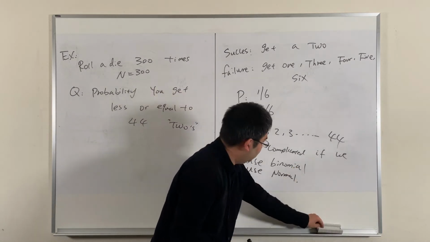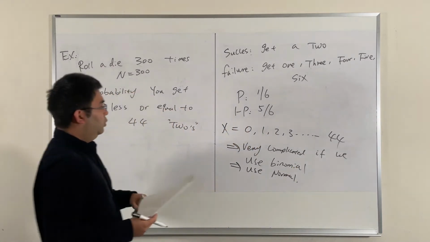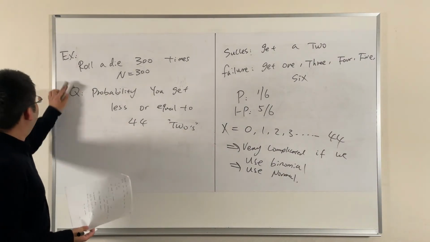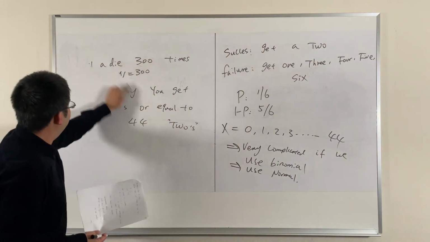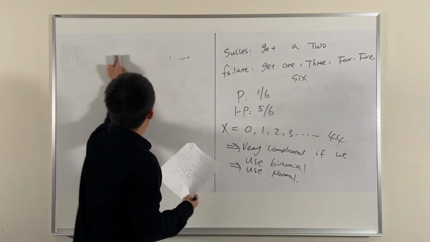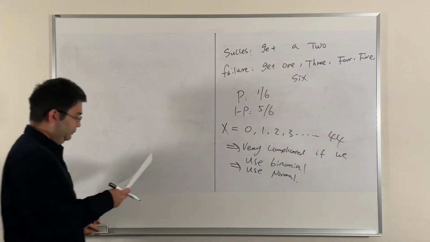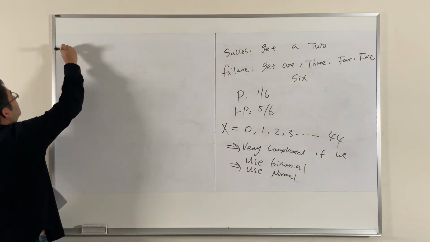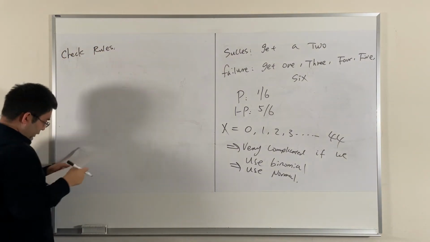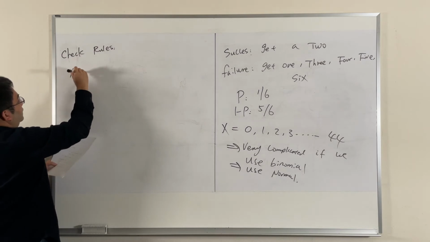Okay, use normal. But before we use normal, we need to check the rule of thumb to see whether we're able to do it. Check rules. First one, we need to check n times p.